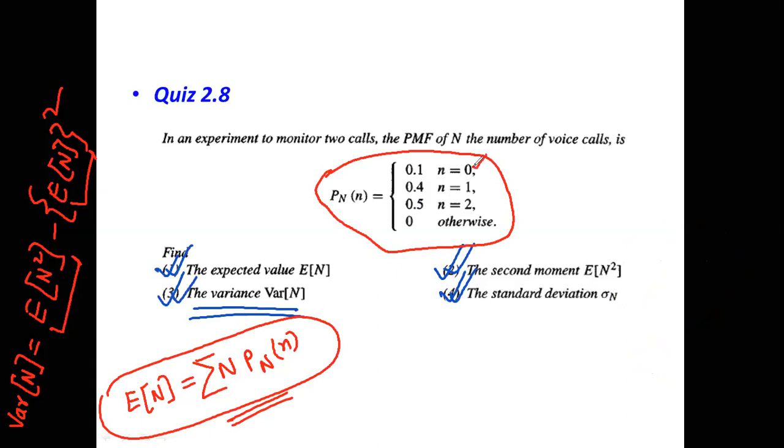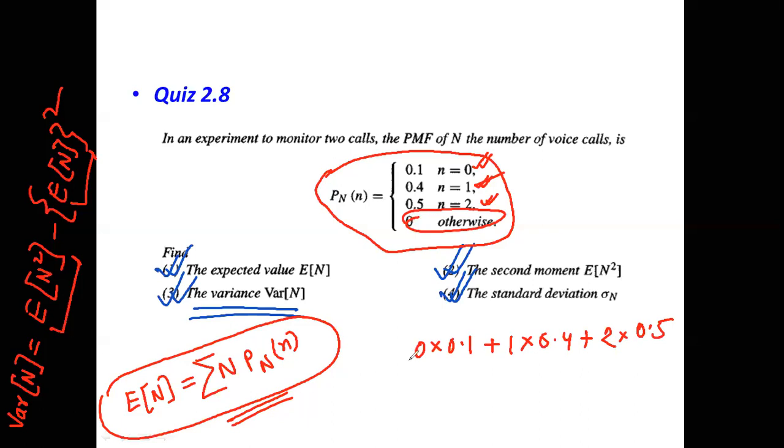n is actually 0, 1, 2. So when n equals 0, Pn equals 0.1, plus when n equals 1, Pn equals 0.4, then plus when n equals 2, Pn equals 0.5, and 0 otherwise, which means we don't need to add because that will be multiplied by 0 and you will not find any value.